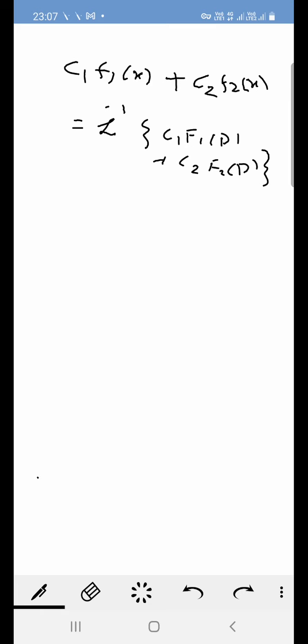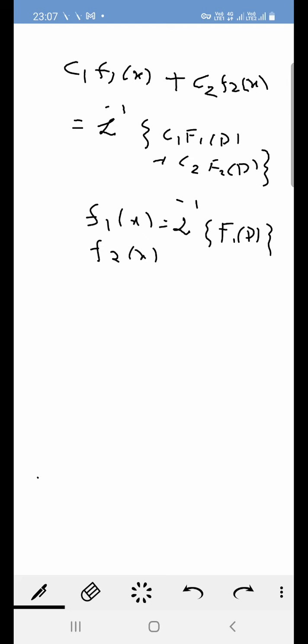And it is assumed that f1(x) is equal to the inverse Laplace transform of f1(p), and f2(x) is again equal to the inverse Laplace transform of f2(p).